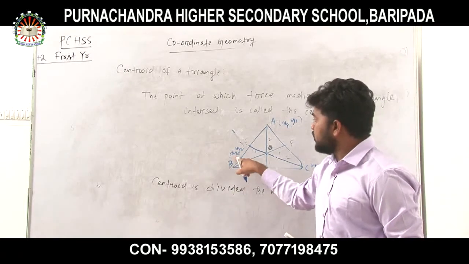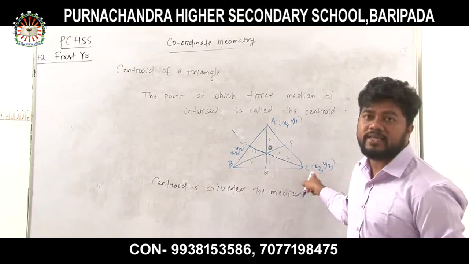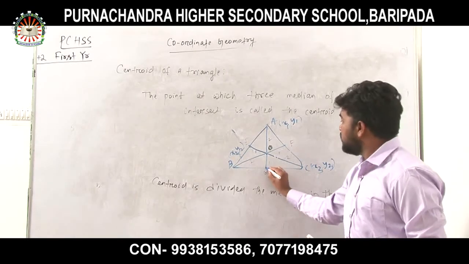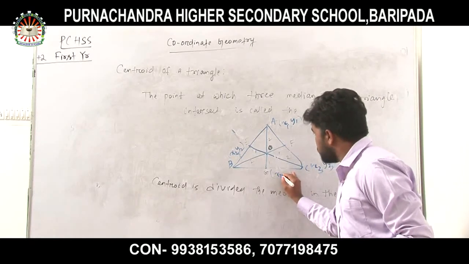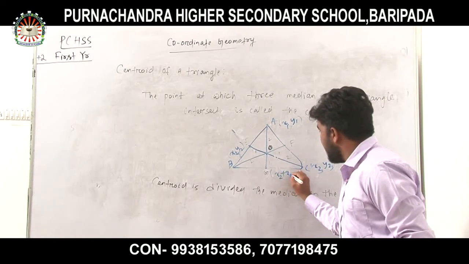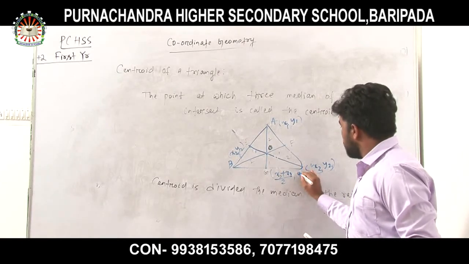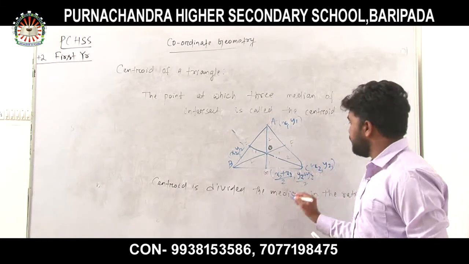If B has coordinates x2 y2 and C has coordinates x3 y3, then by applying the midpoint formula, the coordinates of G are easily obtained: x is x2 plus x3 by 2, and y is y2 plus y3 by 2.